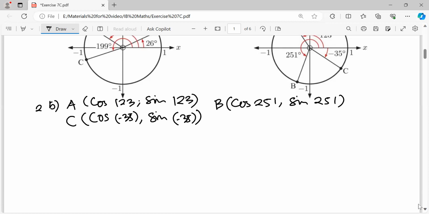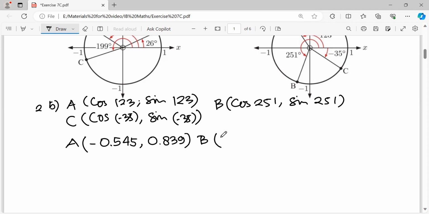And after that, we will convert into decimal numbers. So A: cosine 123 is minus 0.545, comma, 0.839.